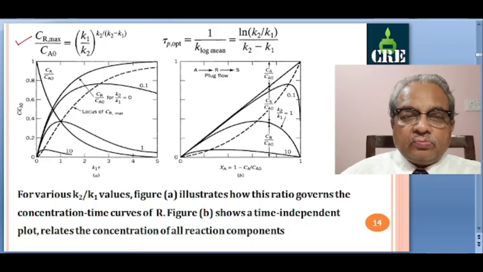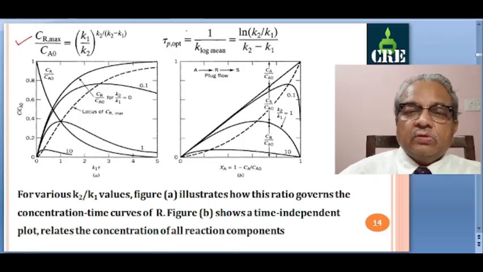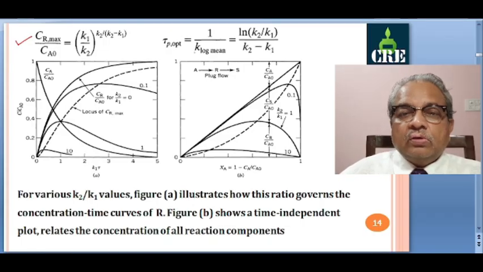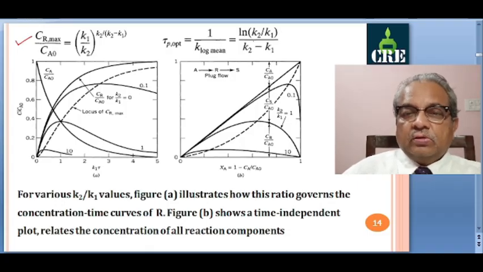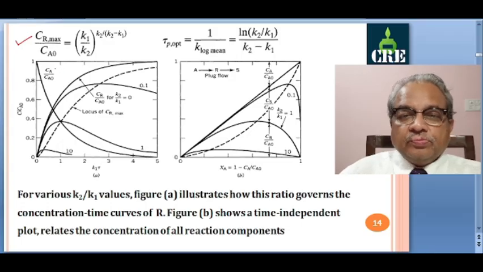So this time is the same as 1 upon K2 minus K1 into ln of K2 by K1. Cr max by Ca0 involves only ratios of K, so it is dimensionless. Optimum time will be given by this ln of K2 by K1 divided by K2 minus K1.